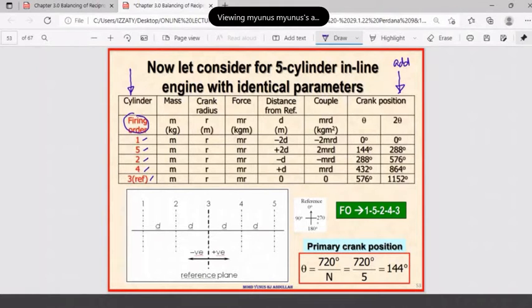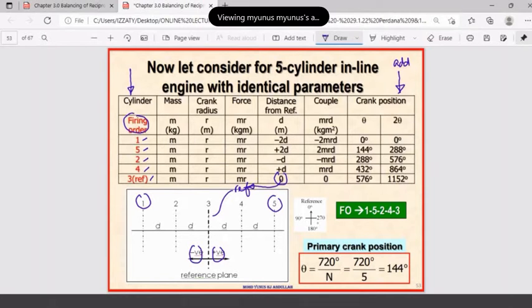What you need to do is define the reference plane. The reference plane is where you cut the engine into two parts symmetrically, from cylinder 1 to cylinder 5. This will be your reference. Then you decide whether toward your left or toward your right is positive, and the other is negative. So the reference plane has d equal to 0.